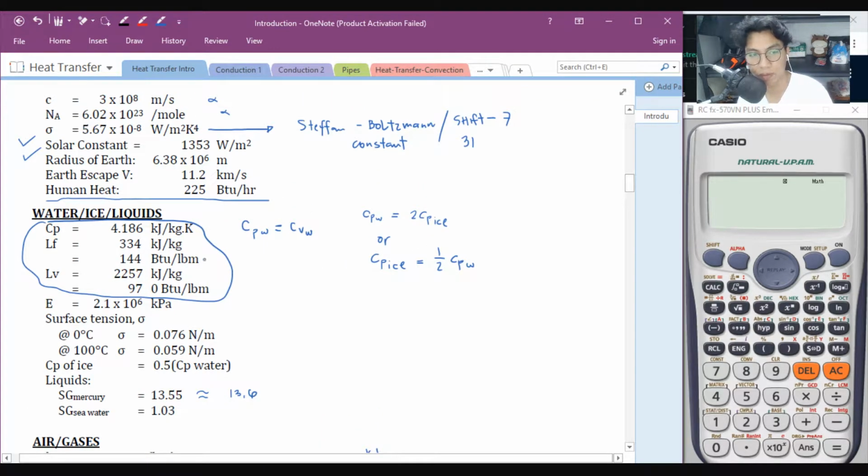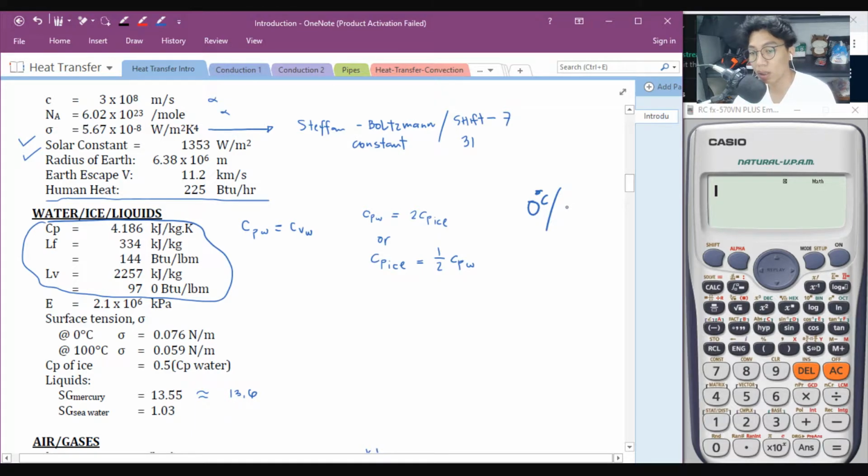So, Cp of water, diniscuss ko na sa iyo. The Cp of water is twice nung sa ice, or Cp ng ice is half of water. Binaliktad ko lang. Dito, kapag English units naman, the latent heat of fusion, you need 144 BTUs of energy in order to turn 1 pound of water into ice. Kapag SI, 0 degrees Celsius ang freezing ng water.